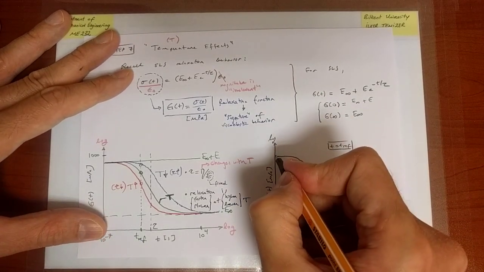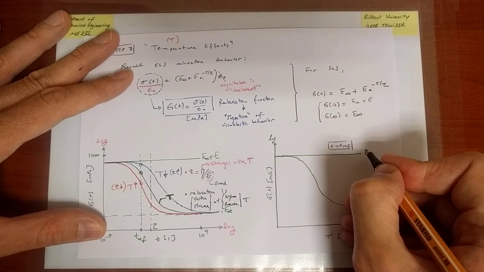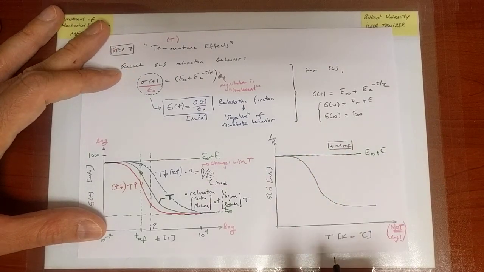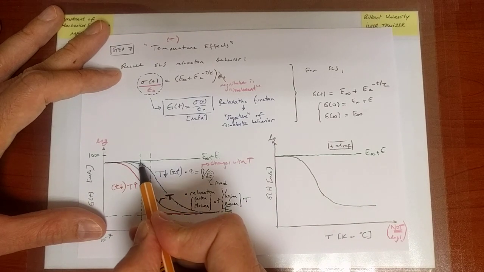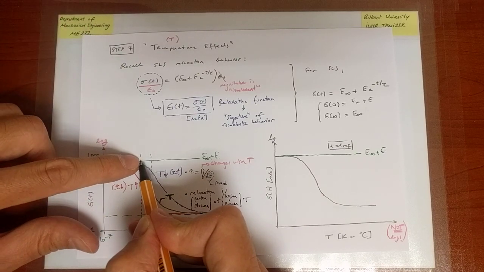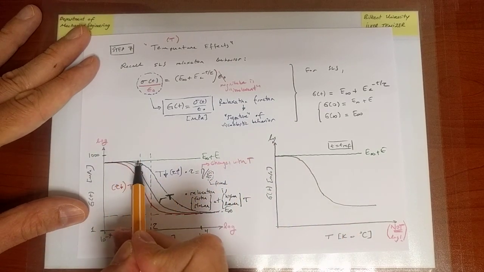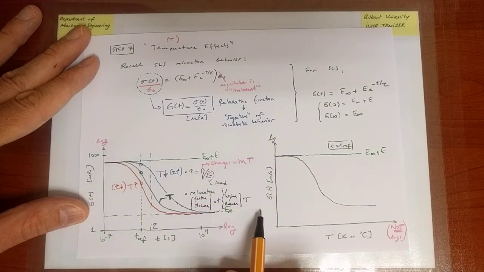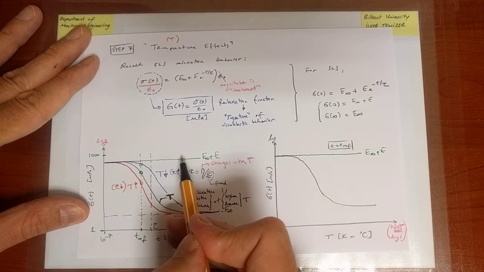So in particular, the starting point is again E infinity plus E, which means that if the temperature is very low, then the response time is so high that the material will take forever to start to relax, and therefore when the temperature is very low, you're close to the upper bound.